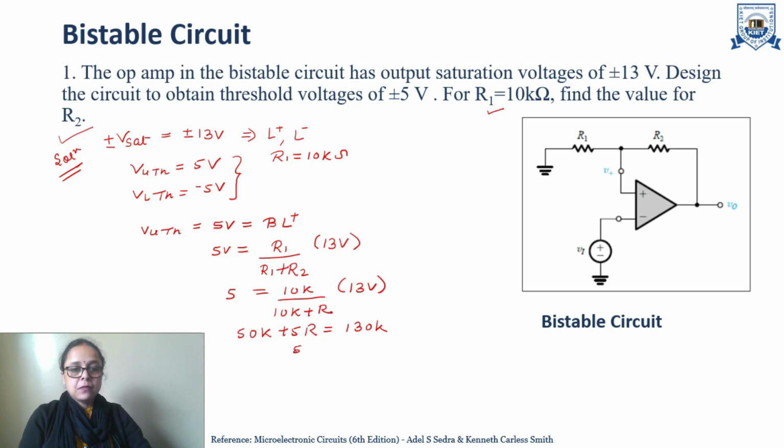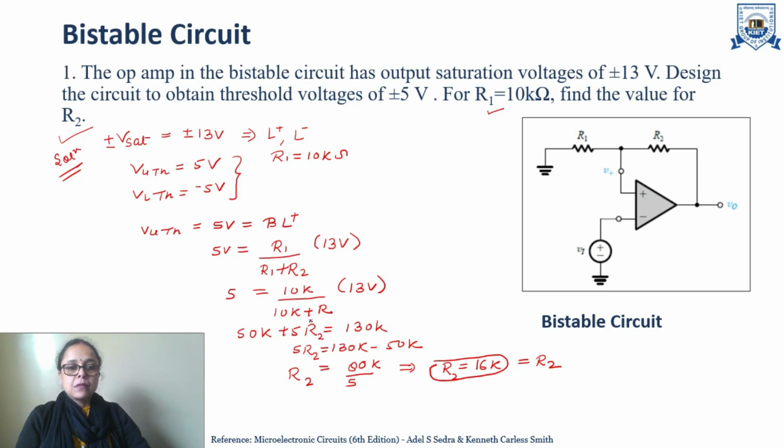So 5R2 will be 130k minus 50k, which is 80k, and dividing by 5, R2 will be 16k. So the value of R2 is 16 kilo ohms.